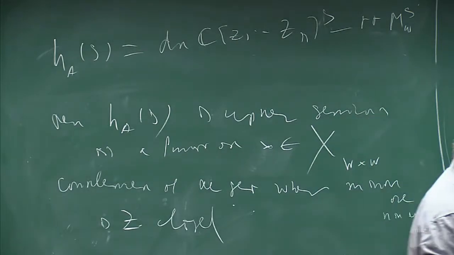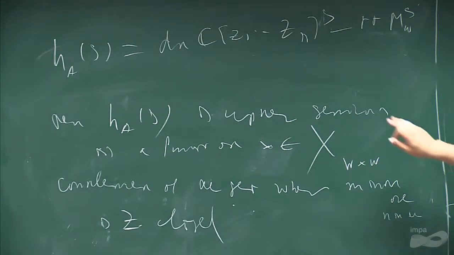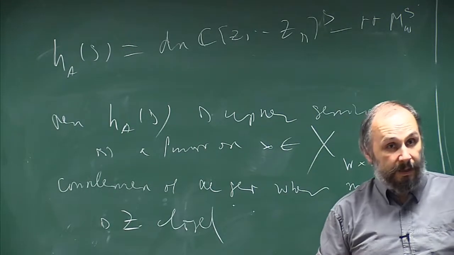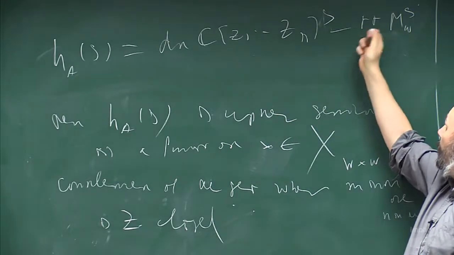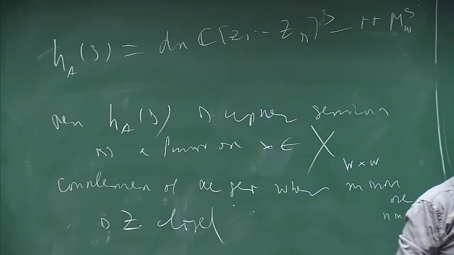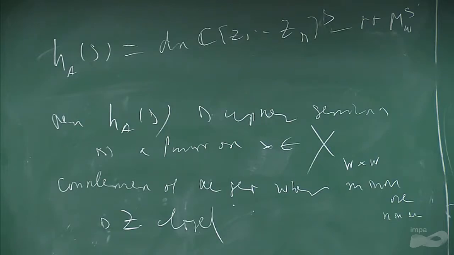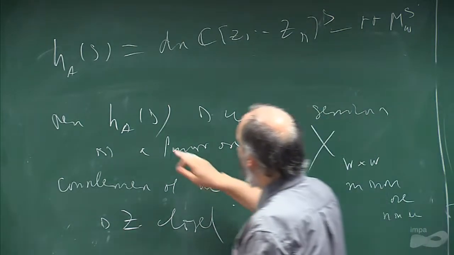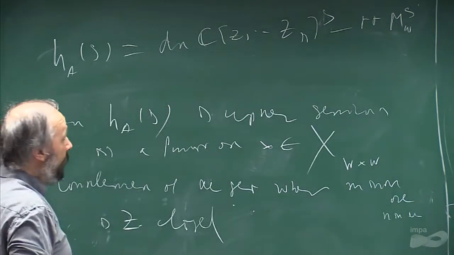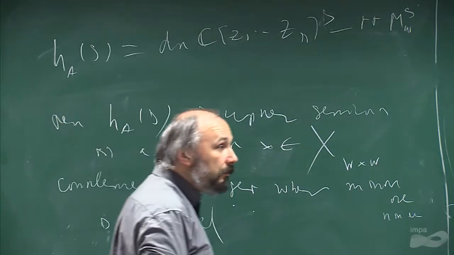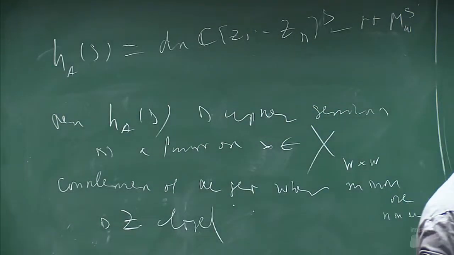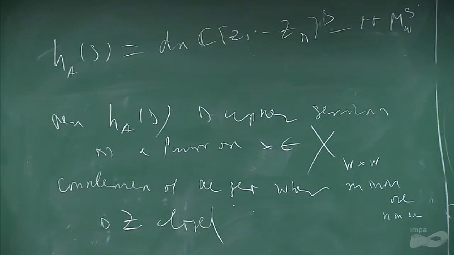But this is precisely the set where this has dimension bigger than the difference between this and W. Okay. So we obtain that this is semi-continuous. I think I would have time to finish.